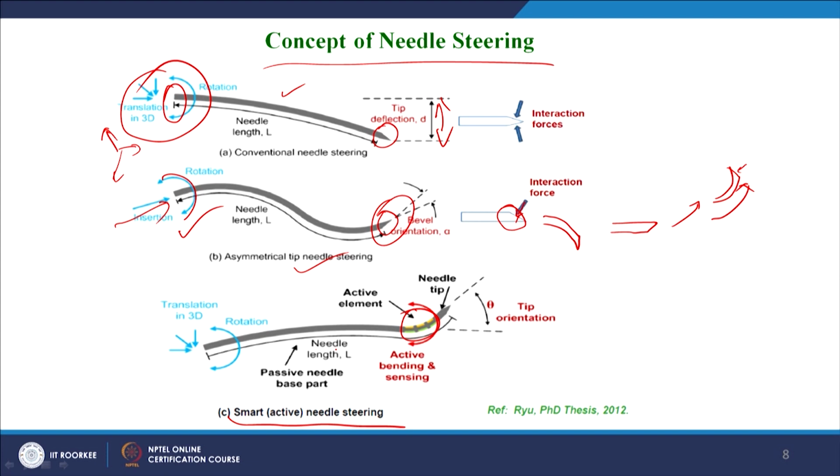So, that this active element being actuated will bend this tip either this side or this side, so that the whole body of the needle follows it, the whole body being flexible will follow the needle tip by pushing at the base of this needle. This concept we have learnt is from Ryu in his PhD thesis 2012.